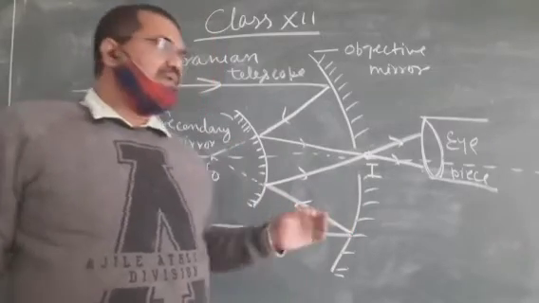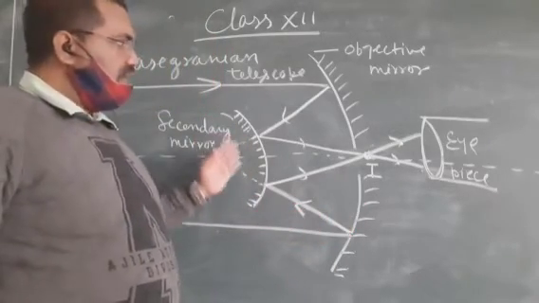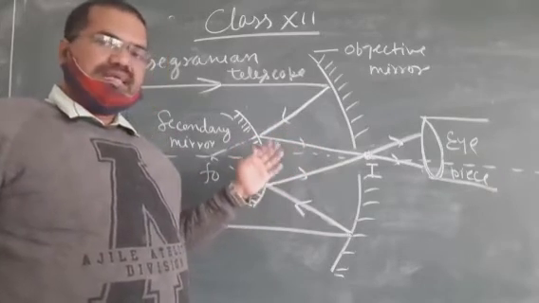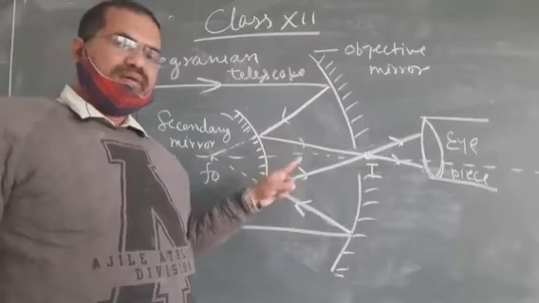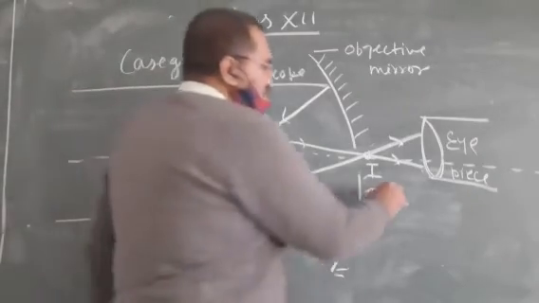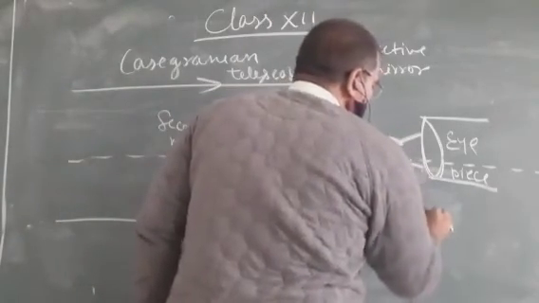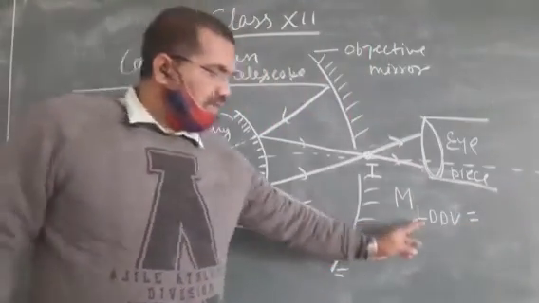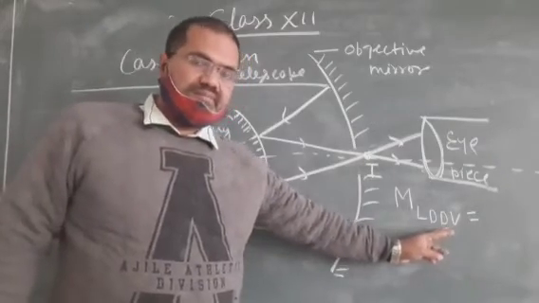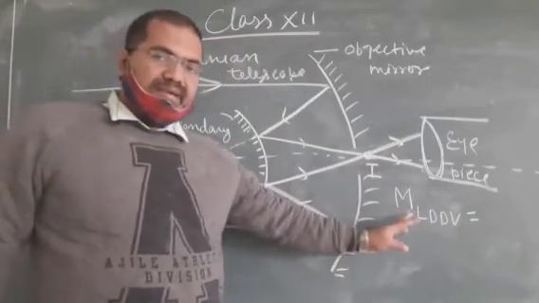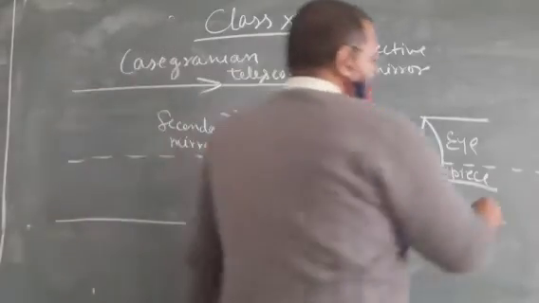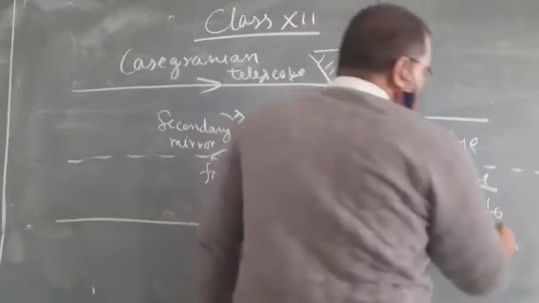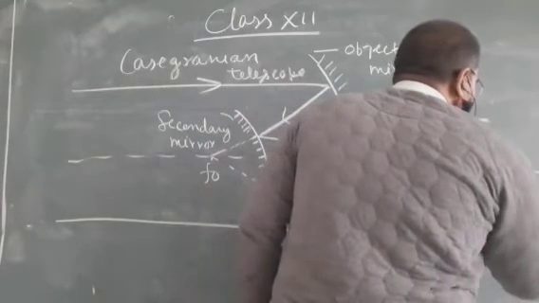You just explain the ray diagram and magnifying power. Magnifying power is same as astronomical telescope. So in case of least distance of distinct vision, this is the maximum magnification, same as astronomical telescope, that is f0 by fe (1 + fe by d).